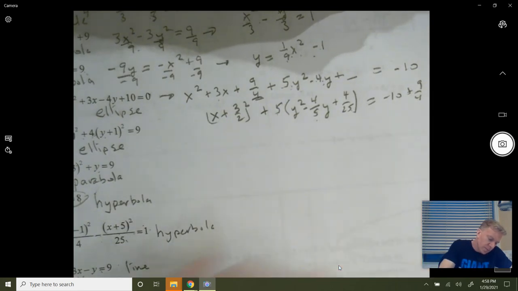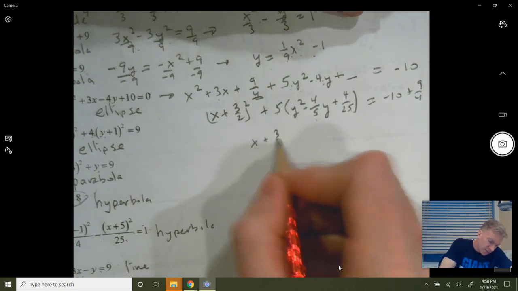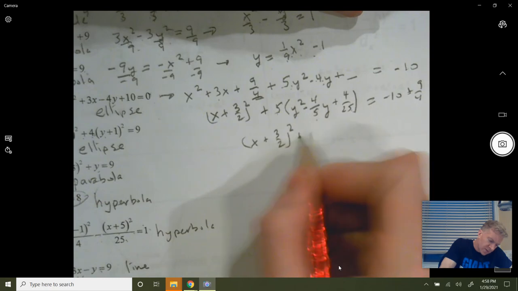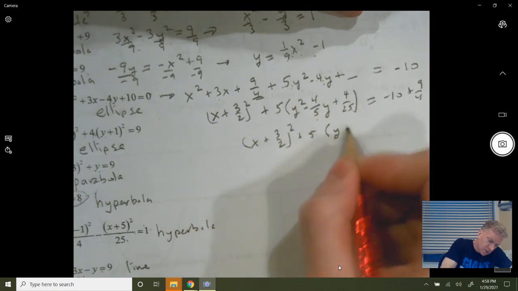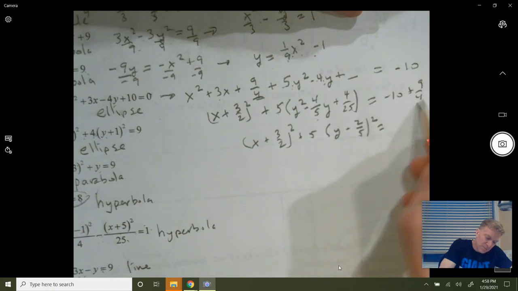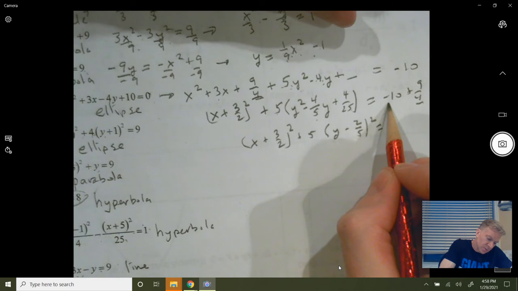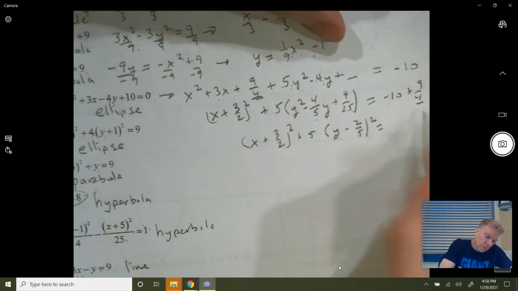Uh-oh, look at what happens. So what we get here is x plus 3/2 squared plus 5 times y minus 2/5 squared equals, these numbers are not enough to make this negative 10 a positive 10. So let's get this one we can reduce.